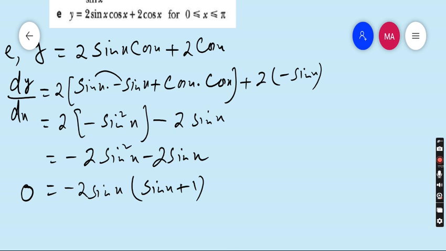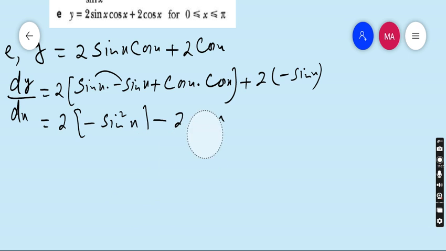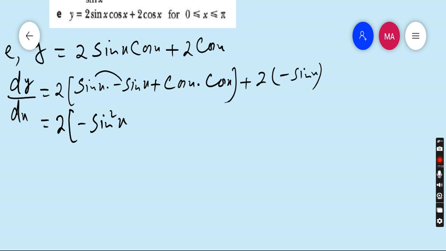Yes, I made a mistake. 2 sin x into minus sin x is minus sin square x, and cos x into cos x is cos square x. This is my mistake. Minus 2 sin x.